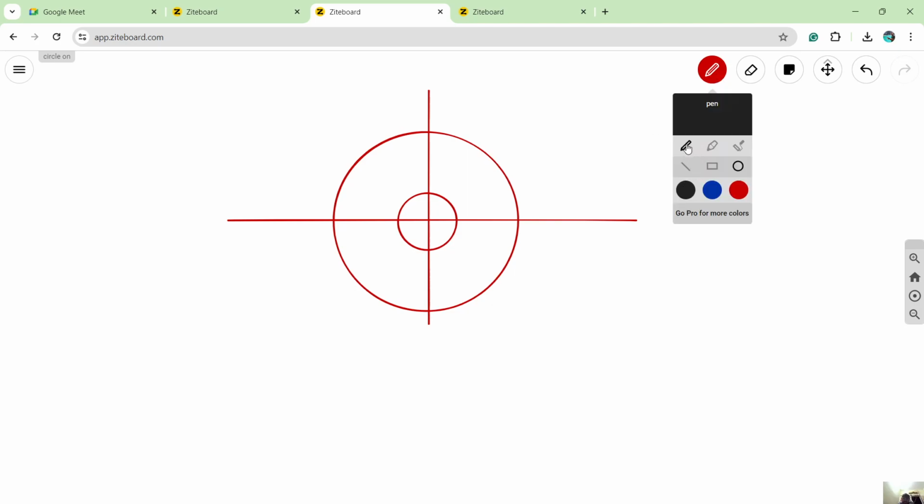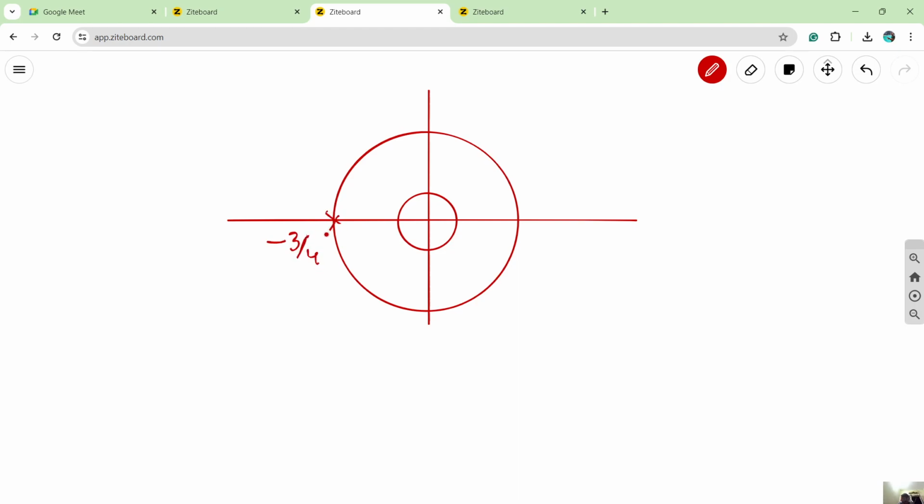Now I'm just writing what the poles are. It's minus 3 by 4. There are poles here and here, plus j by 2 and minus j by 2. Another pole is here, minus half.